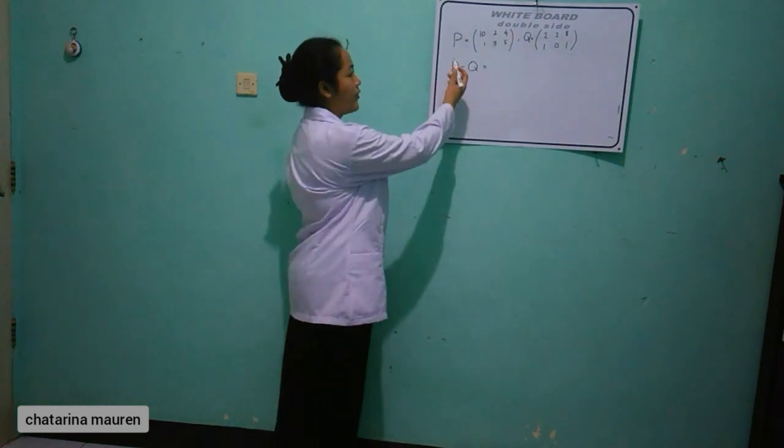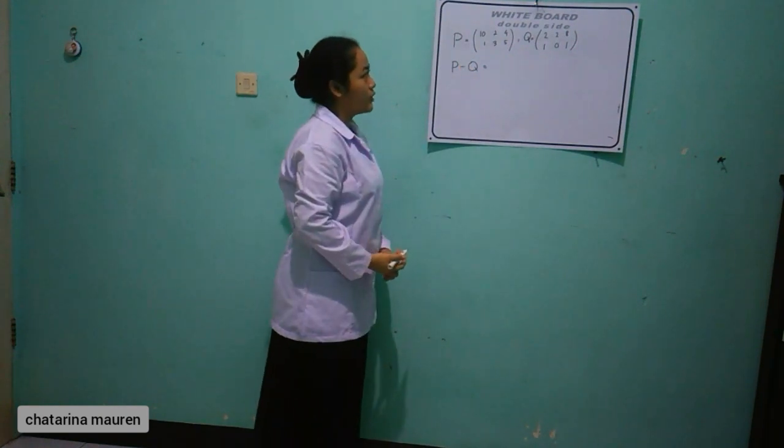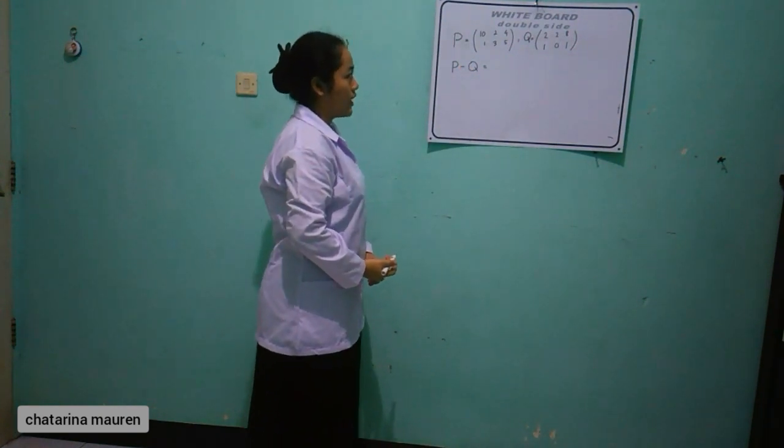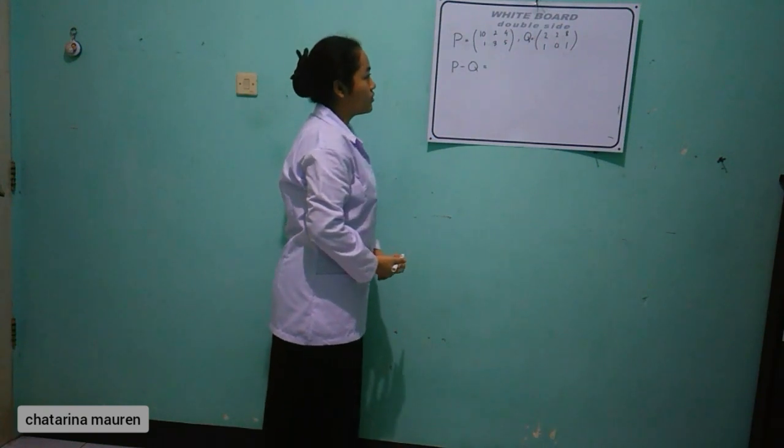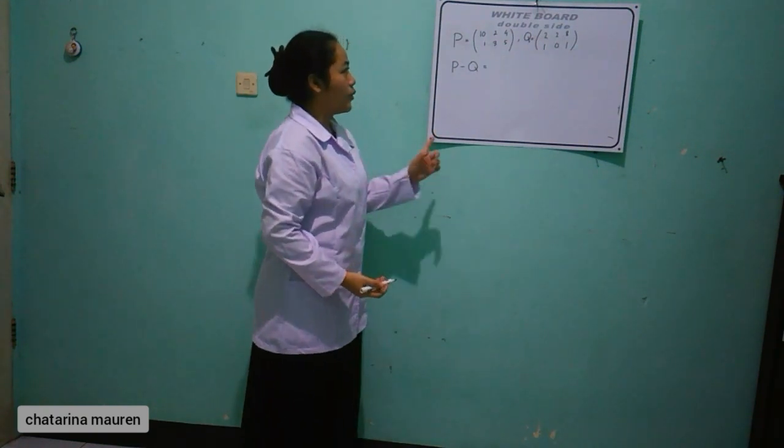Here we have P, the matrix 10, 2, 4, 1, 3, 5, and Q, the matrix 2, 2, 8, 1, 2, 1, 1, 0, 1.